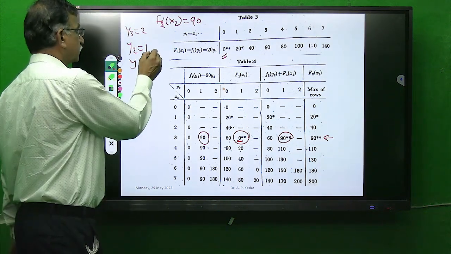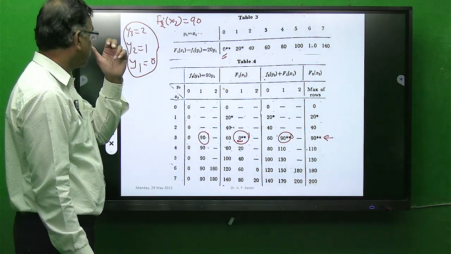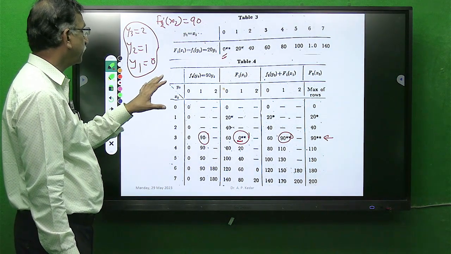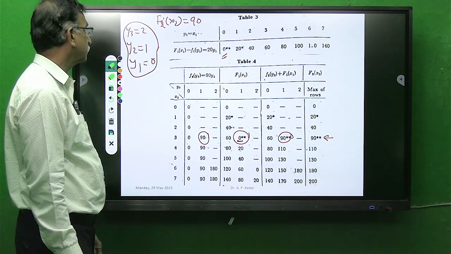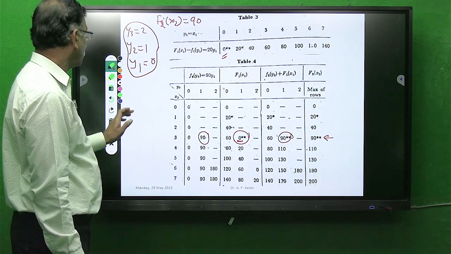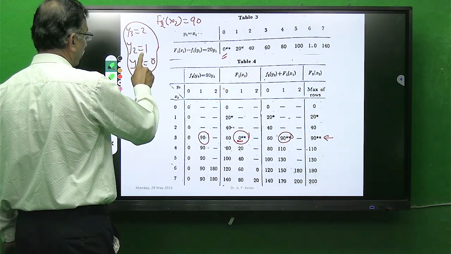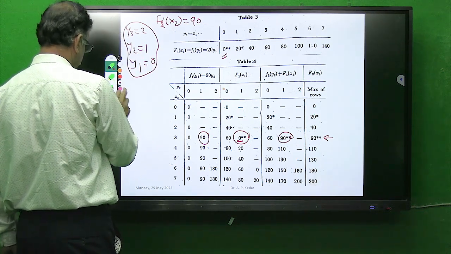So again you get a second set of solution which will satisfy your condition, that the objective function is equal to 230, and these constraints are achieved with values y3 is 2, y2 is 1, so the order is 0 1 2.